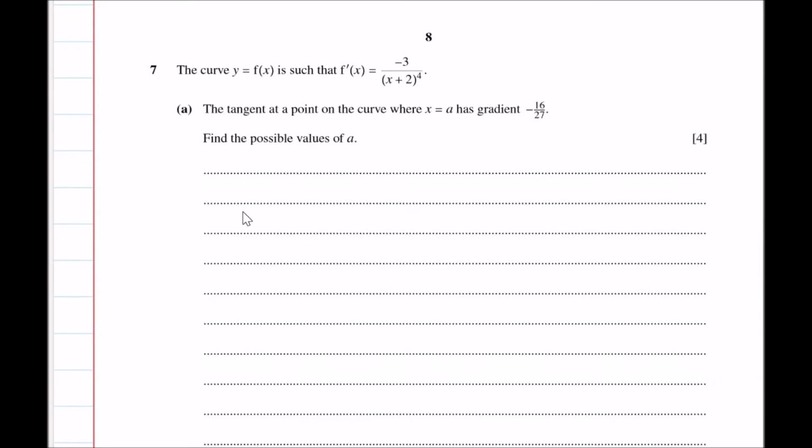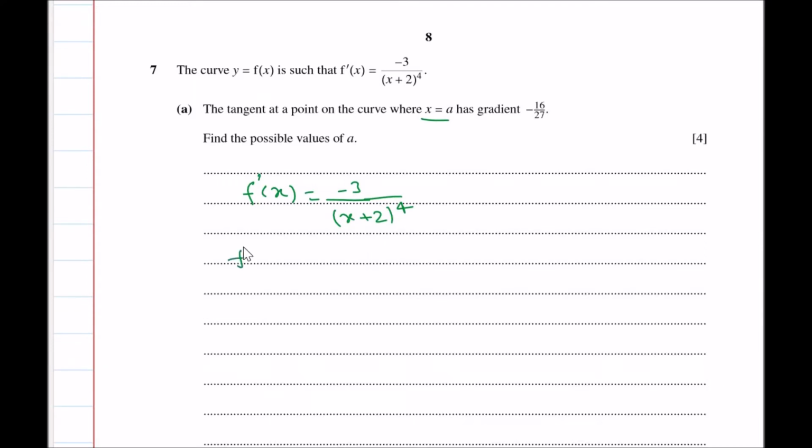So first of all, let us write f dash x is minus 3 divided by (x plus 2) to the power 4. Now it is given at x equal to a, the gradient is minus 16 by 27, and we know that this is the gradient function, so that gives us the gradient when you put x equal to a.